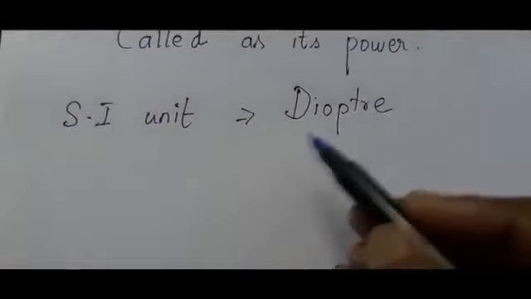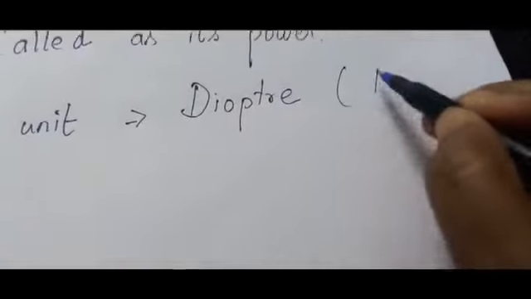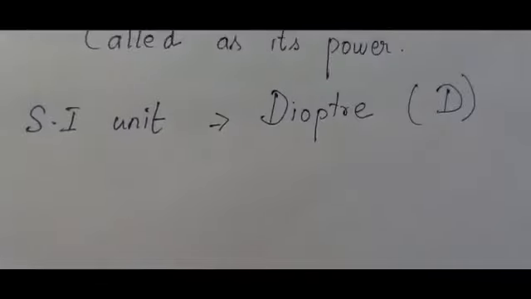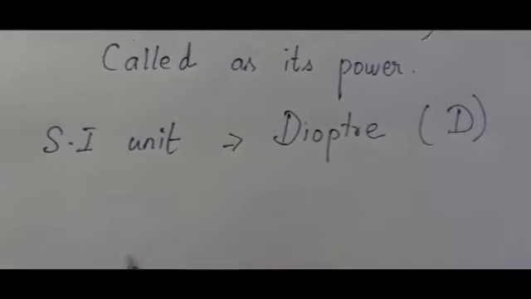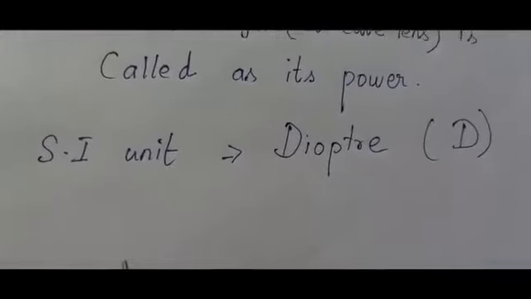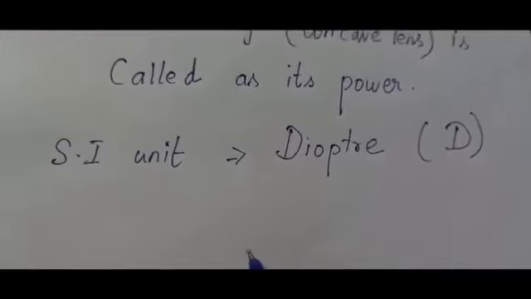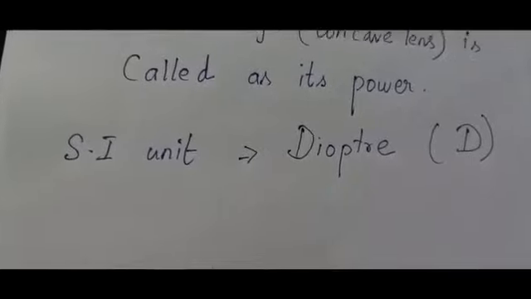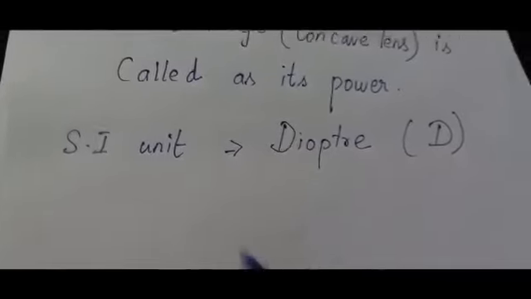If focal length is expressed in meter, then the power of lens is expressed in capital D. Thus, 1 D is the power of lens whose focal length is 1 meter.